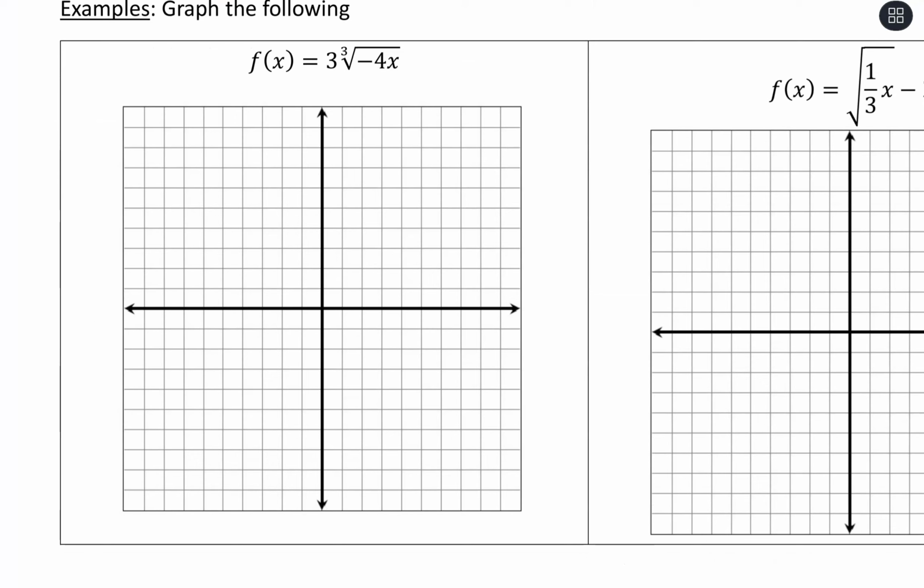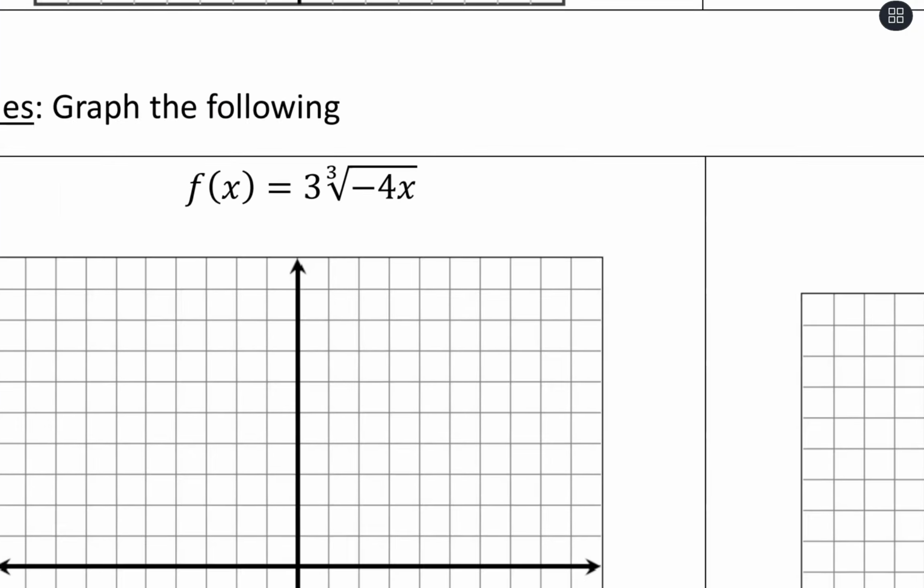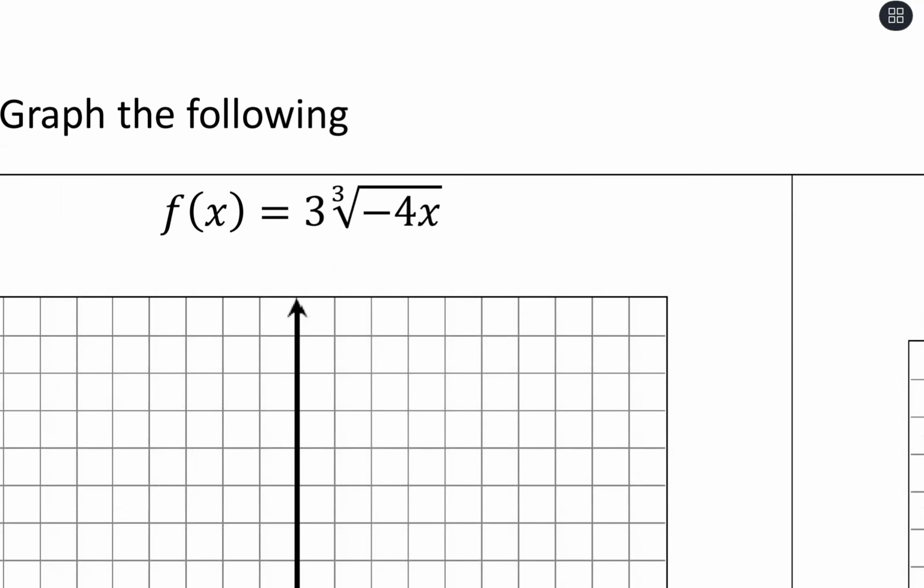Okay, so let's talk about making graphs here. First, recognizing that we're taking the cube root here. So again, thinking about a parent function: what is the function at the beginning of everything? We're thinking about that cube root function. But then we have 3 transformations.